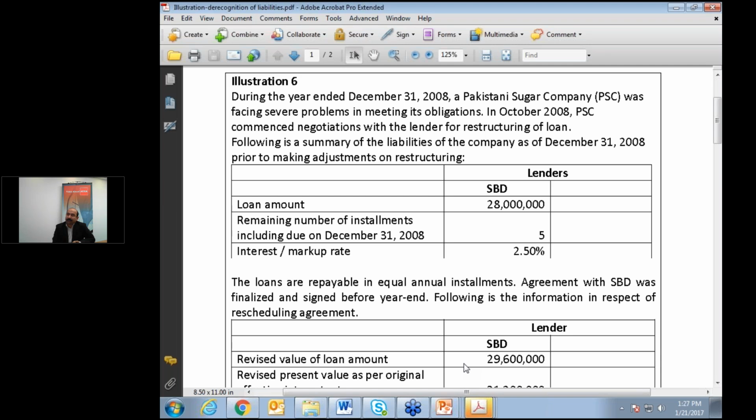In October 2008, Pakistani sugar company commenced negotiations with the lender for restructuring of loan. Following is a summary of the liabilities of the company as of 31st December 2008, prior to making adjustment on restructuring.